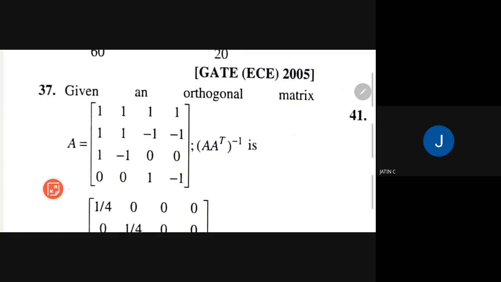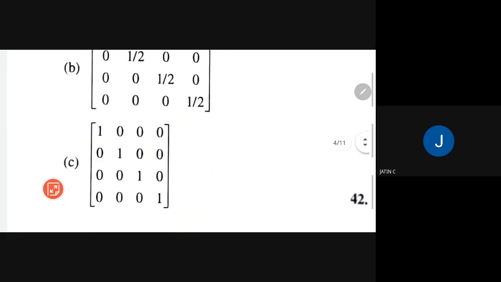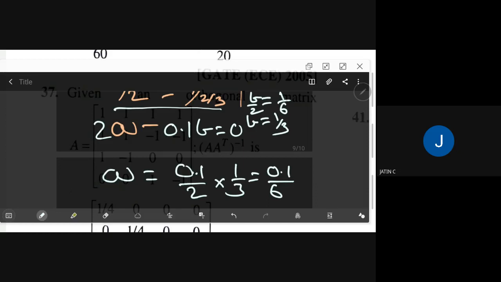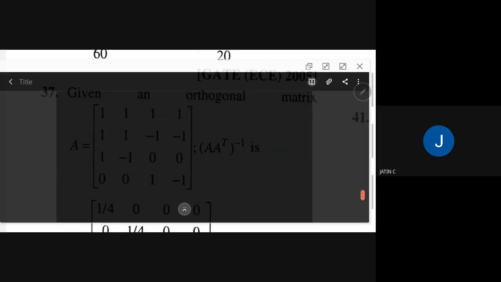If it is orthogonal, then A into A transpose is identity. Identity inverse is identity. So the answer must be identity. C is the answer. But see, this A is not orthogonal.